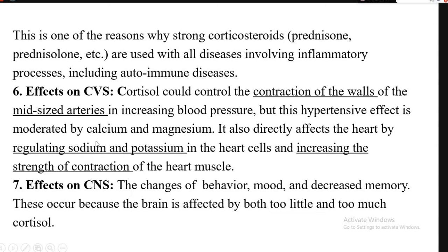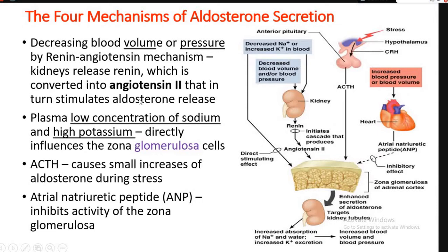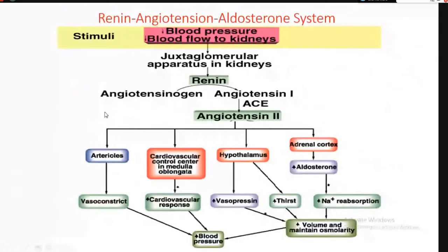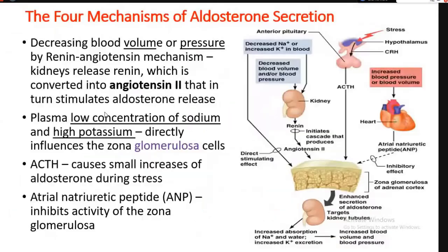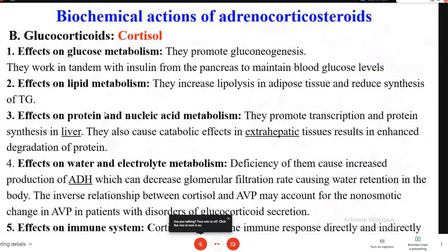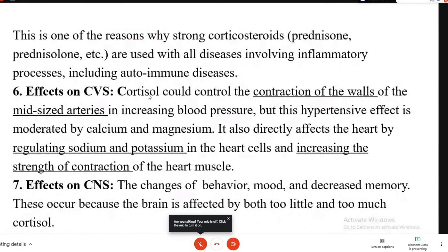On the cardiovascular system, cortisol could control the contraction of the walls of the mid-sized arteries, increasing blood pressure.